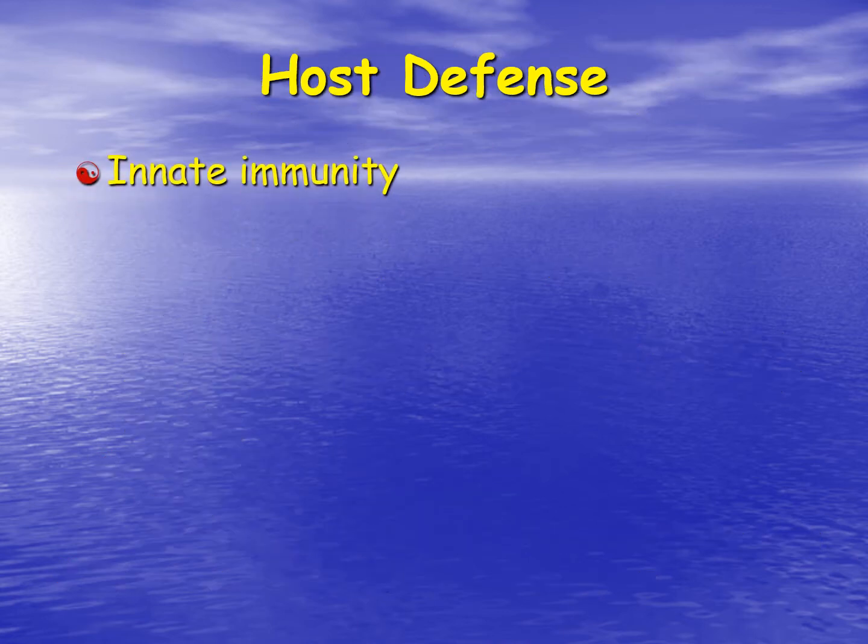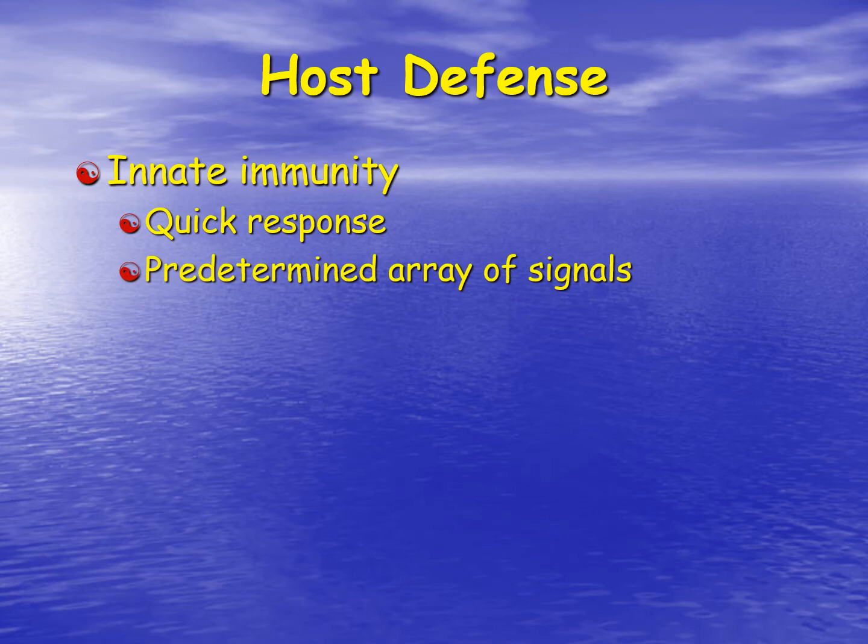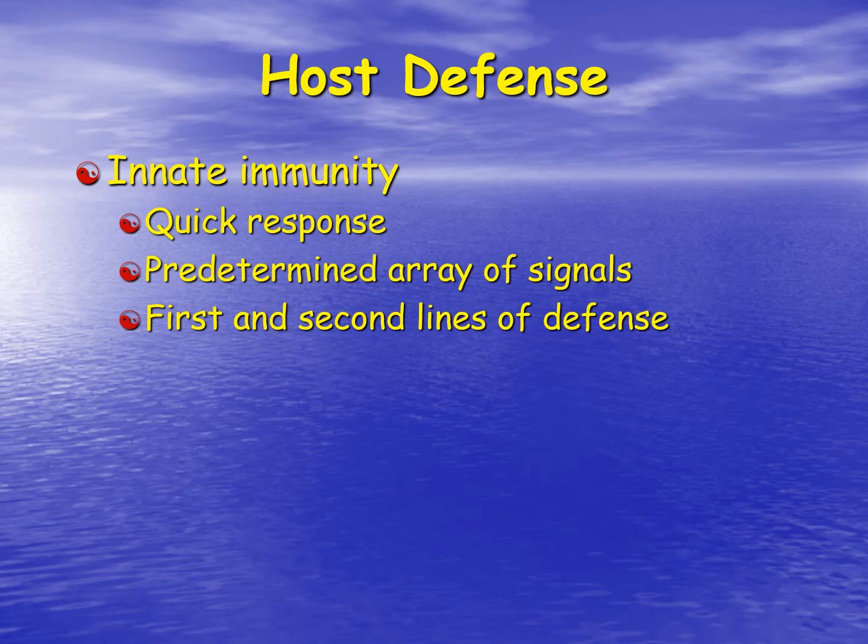So what is innate immunity? Well, innate immunity has a quick response. It is a predetermined array of signals, and it includes both the first and second lines of defense. The first lines of defense include things like our skin, which is a physical barrier to microorganisms, or the stomach acid within the stomach, which is a biochemical barrier.